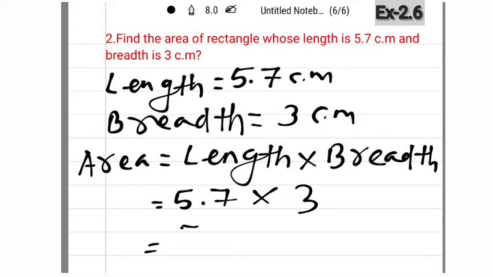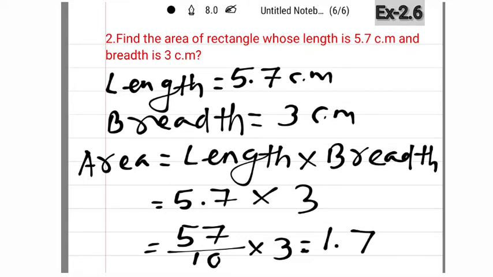So 5.7 becomes 57 by 10 and into 3, and when we multiply it and convert, the answer should be 17.1. Sorry, it is 17.1 centimeter square, as it is asking for area and the unit should be centimeter square.